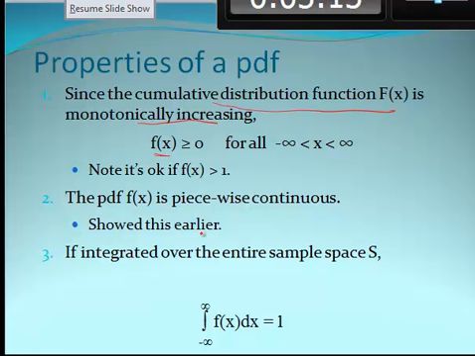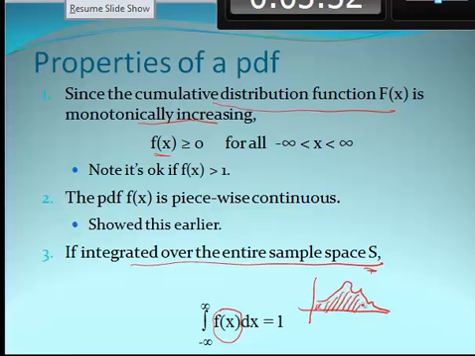That's the usual rules. And integrated over the entire sample space S, you integrate everything under f of x, and this area has got to be 1.